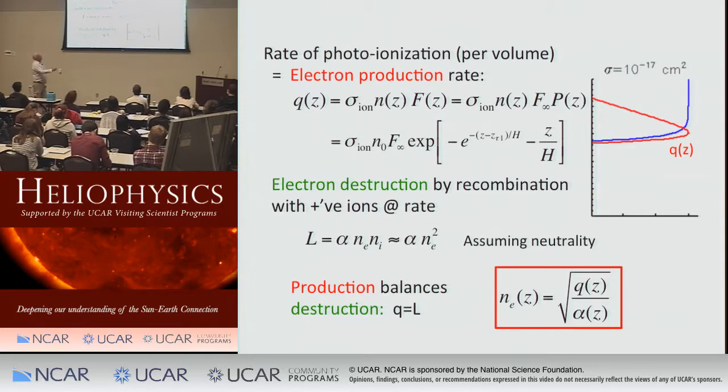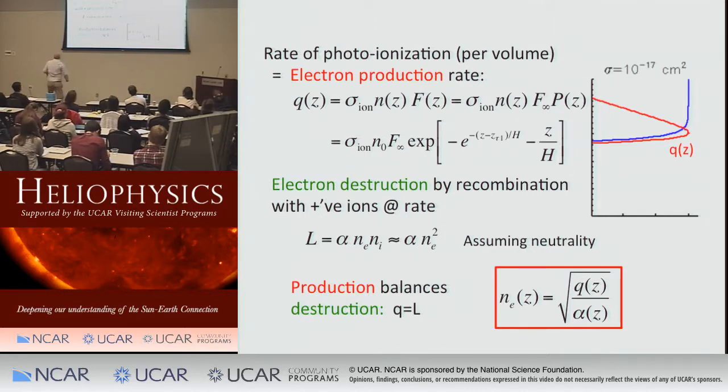Okay, so I take the square root of my exponential of an exponential, and I get this, right, which is the number density I would expect during the day. And now we have to go into the fact that this is in equilibrium when the two balance. When I turn off the sun, be it by an eclipse of the sun by the Earth, a terrestrial eclipse, that happens once per day, right?